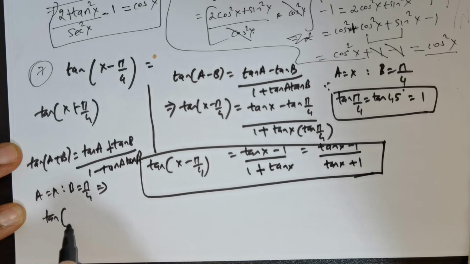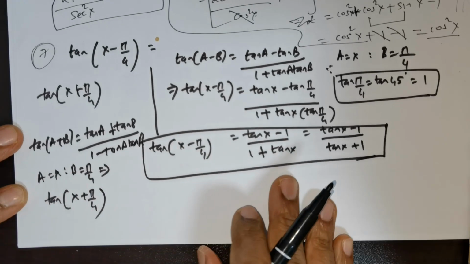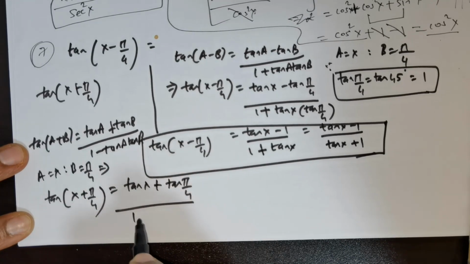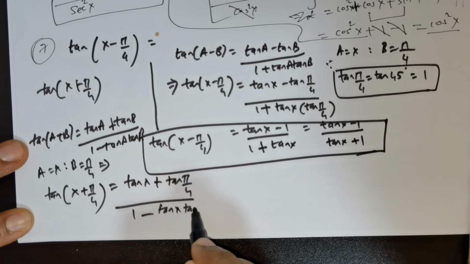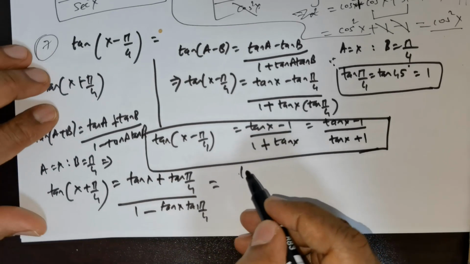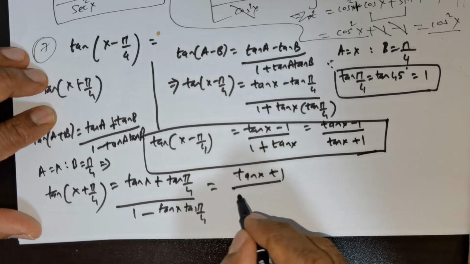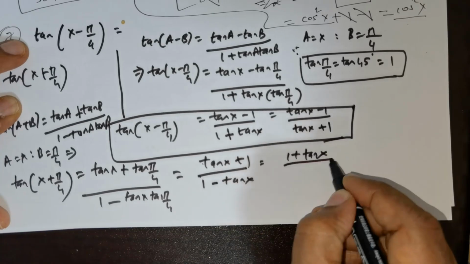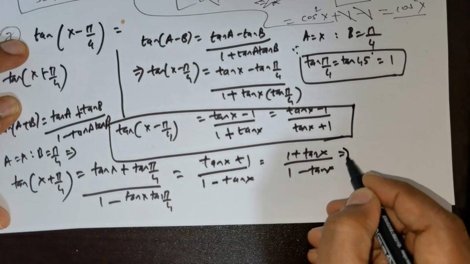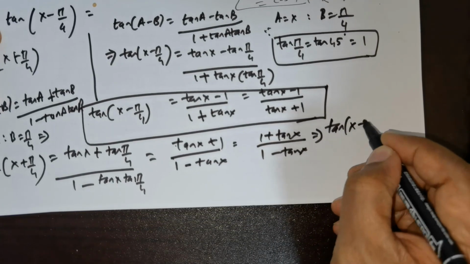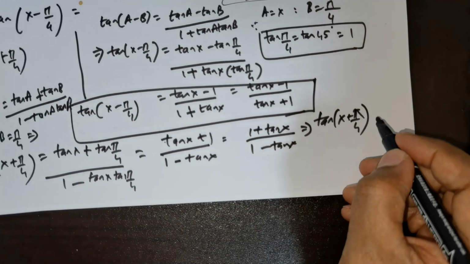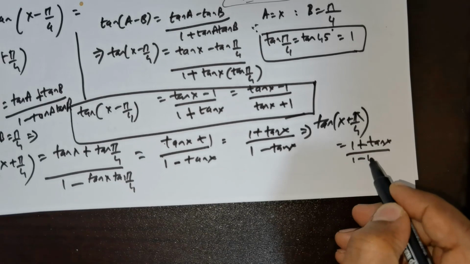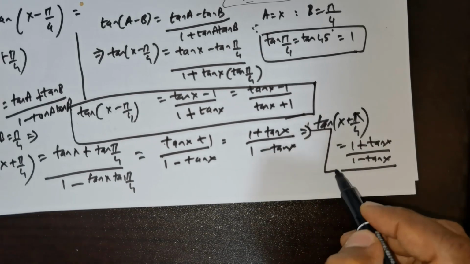This would mean tan of x plus pi over 4 is equal to tan x plus tan pi over 4 divided by 1 minus tan x times tan pi over 4, which is equal to tan x plus 1 divided by 1 minus tan x. I can rewrite this as 1 plus tan x over 1 minus tan x. So this means tan of x plus pi over 4 has a beautiful result, which is 1 plus tan x over 1 minus tan x.